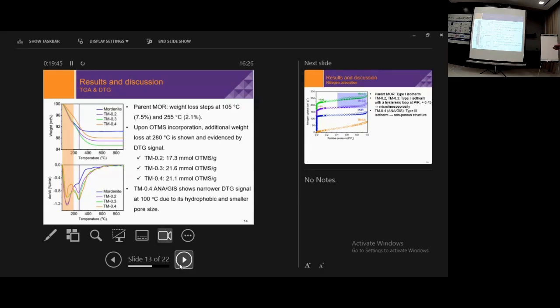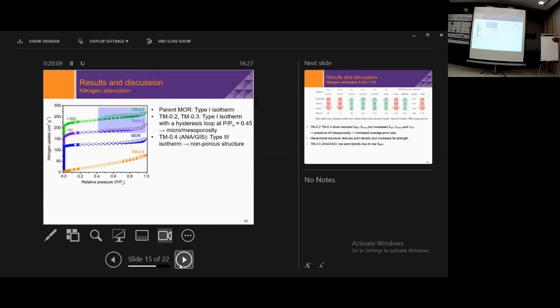In addition, TM 0.4, which is not a mordenite zeolite, shows a narrower DTG signal at 100 degrees Celsius. This is due to the hydrophobic surface and also the smaller pore size of this ANA and gismondine intergrowth.